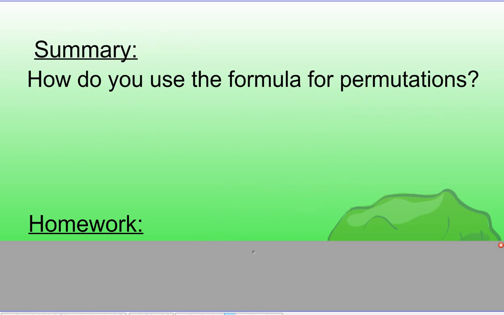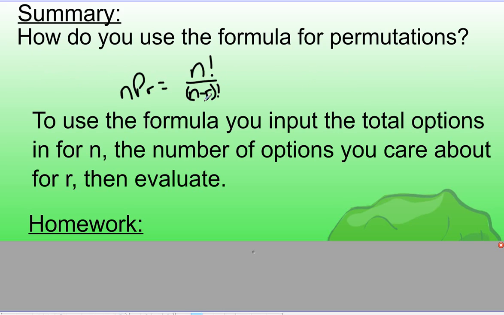Summary. It says, how do you use the formula for permutations? Also, if you wanted to, you could write down what is a permutation. Go ahead, pause the video, and figure out how you use this formula for permutations right now. Okay, you can see what I came up with.